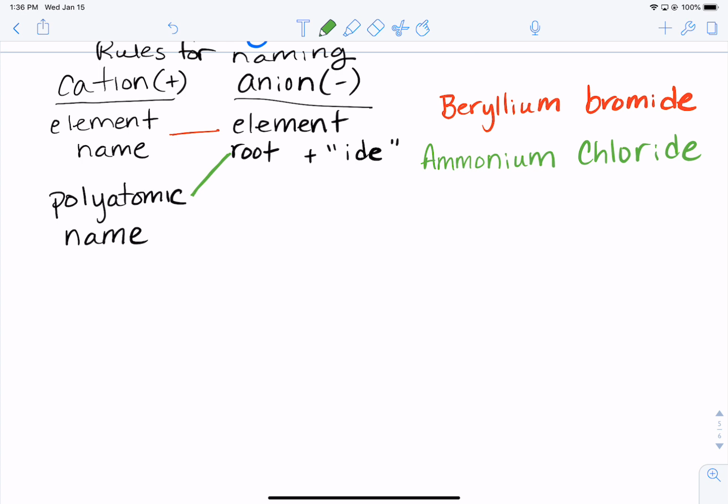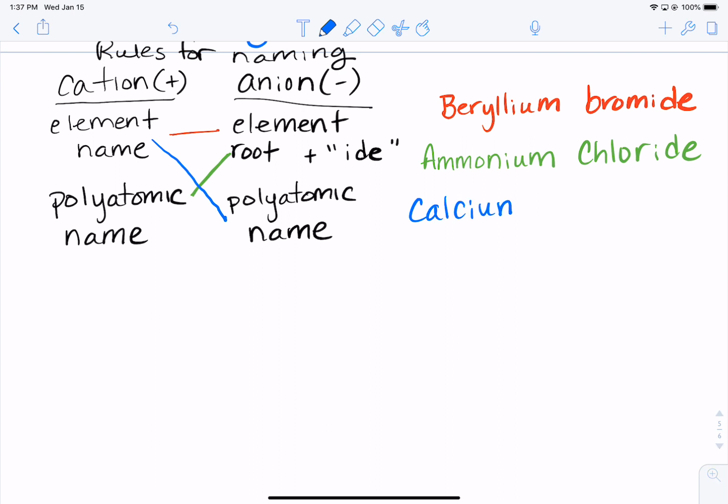All right, what if the anion is also a polyatomic ion? What do you do if the second thingy is polyatomic? Well, it's pretty easy. Guess what? You don't have to change anything. You just use, again, the polyatomic name. So if it was just a regular element bonded with a polyatomic anion, you could do like calcium.